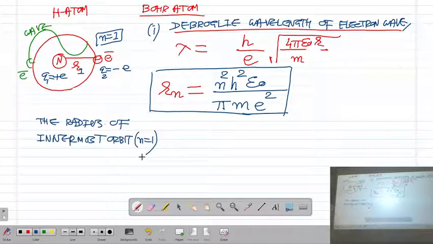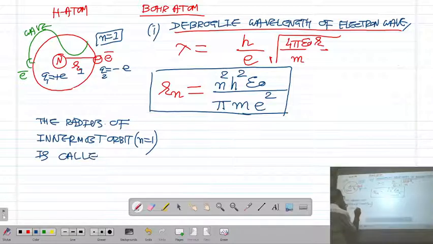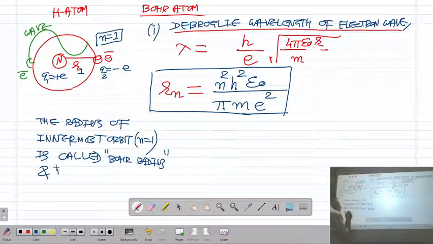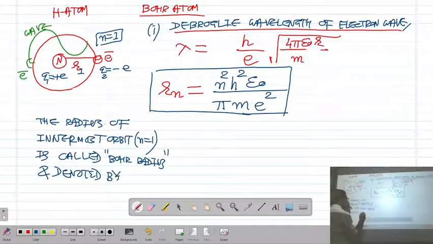The radius of the innermost orbit or ground state orbit is called the Bohr radius and is denoted by the symbol A0.